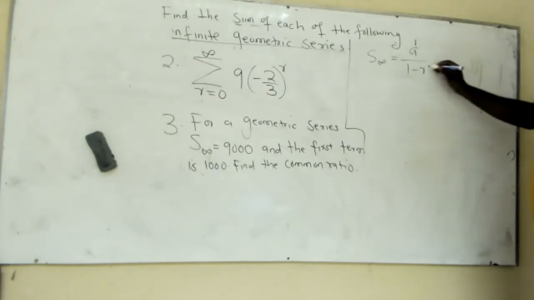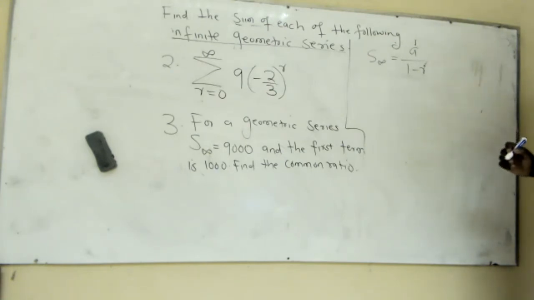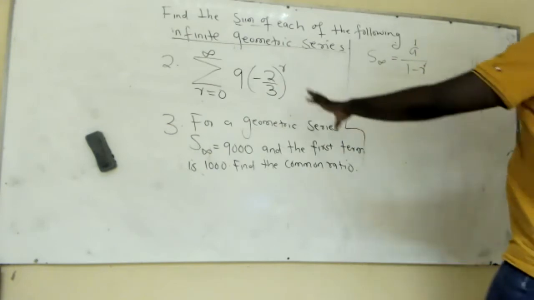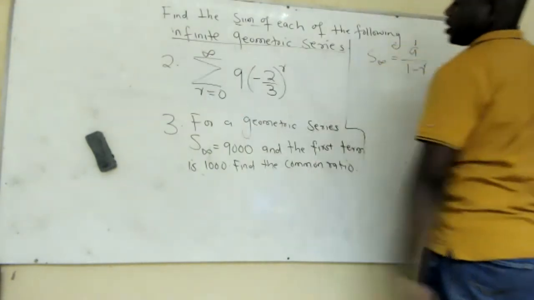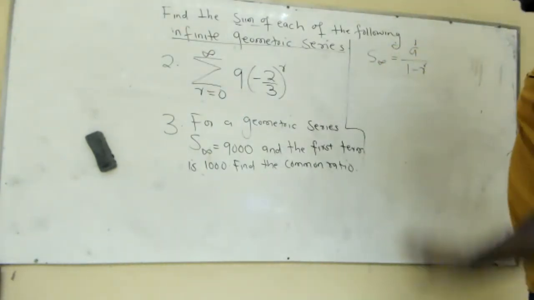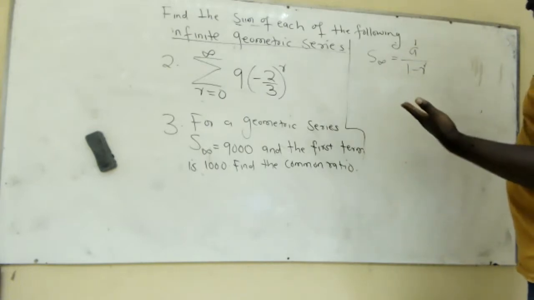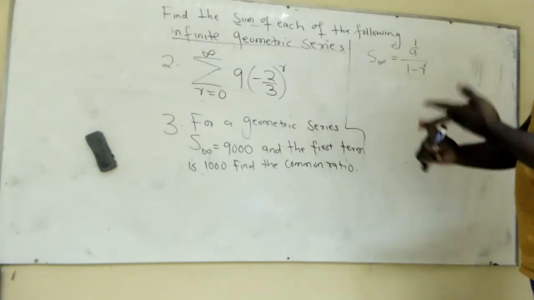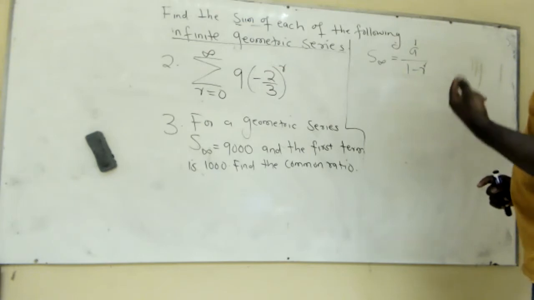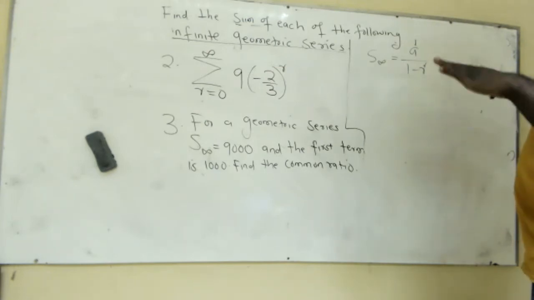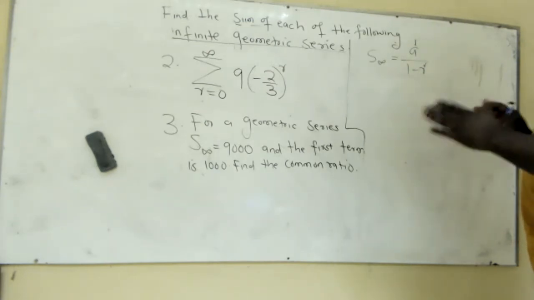After using the formula, what will be left for you is to get the first term of the series and the common ratio of that series. If you are smart enough, by having the summation like that, you can spot out the first term, and you can also spot out the common ratio. But I don't want to take any shortcut at this stage.